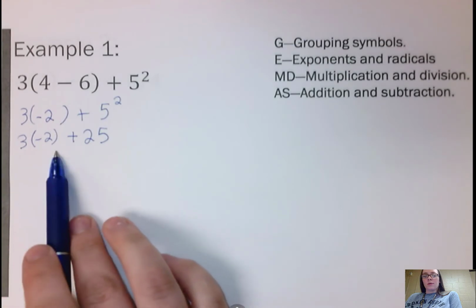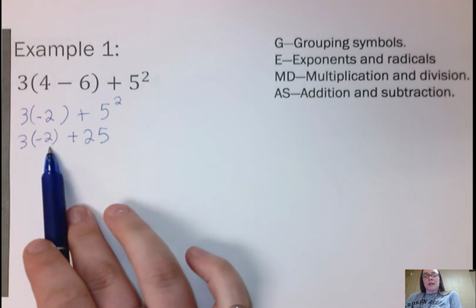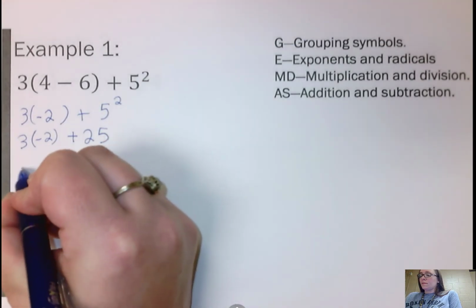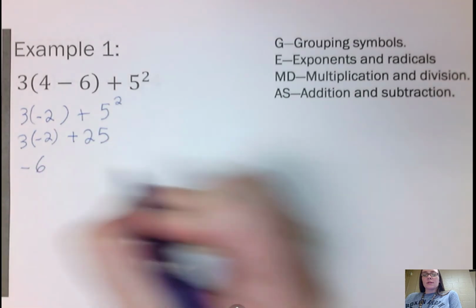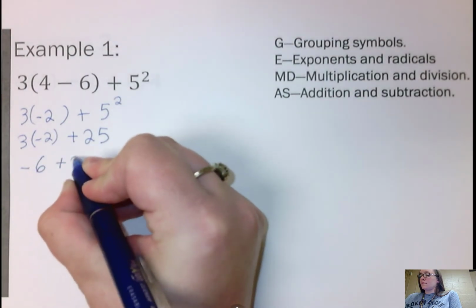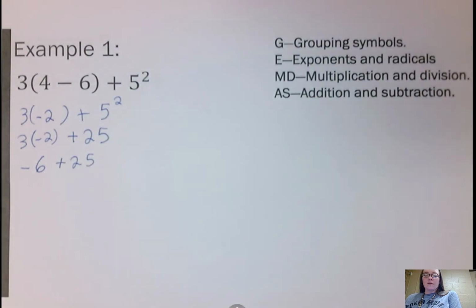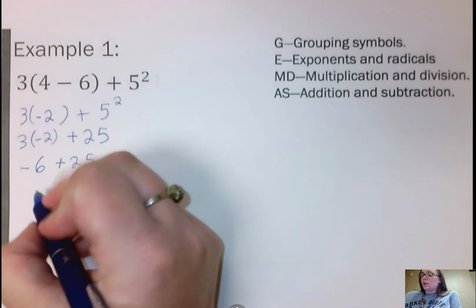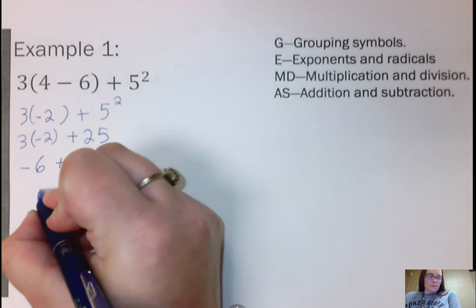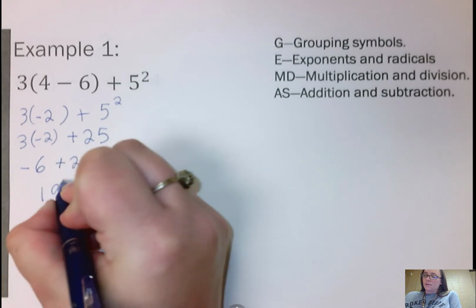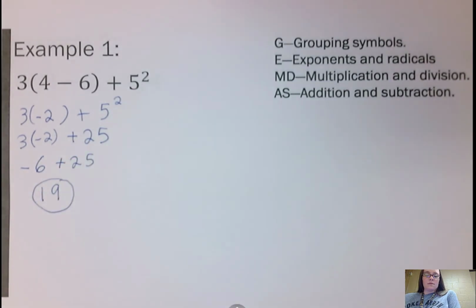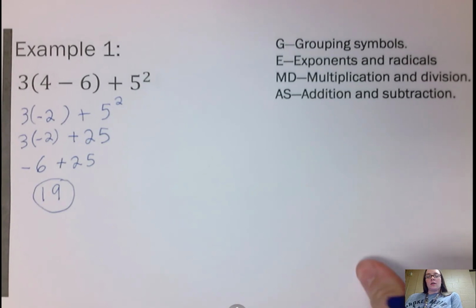So I do have a multiplication, 3 times -2, which is a -6, plus 25, which is 19. All right, let's look at another one.